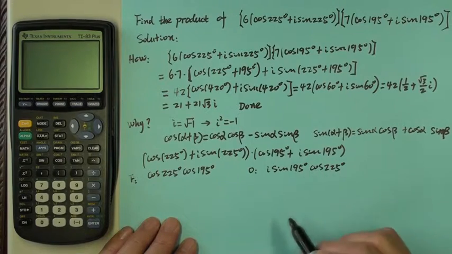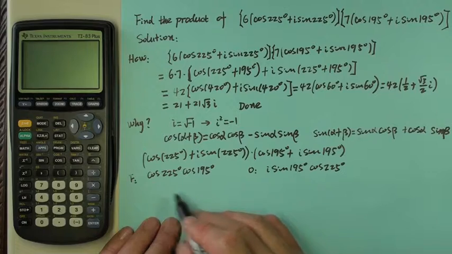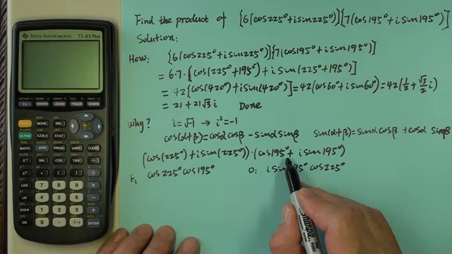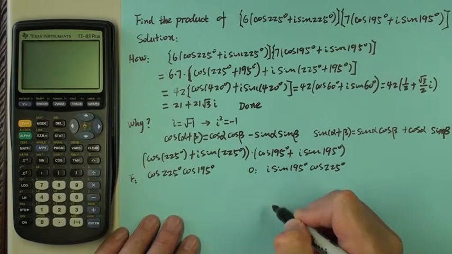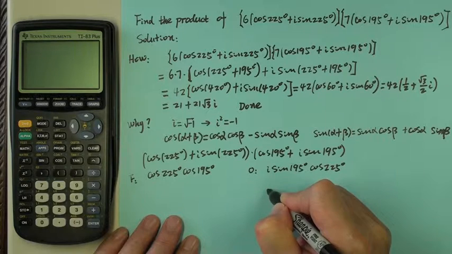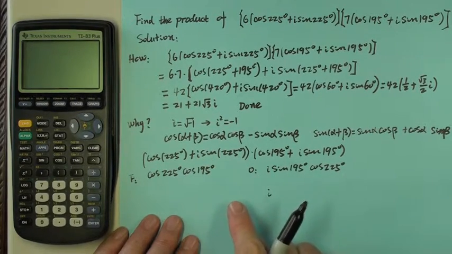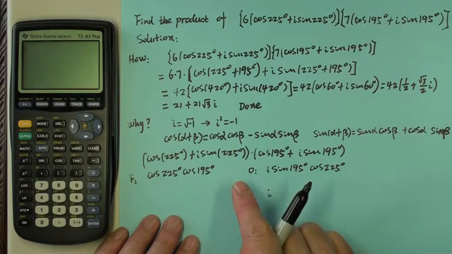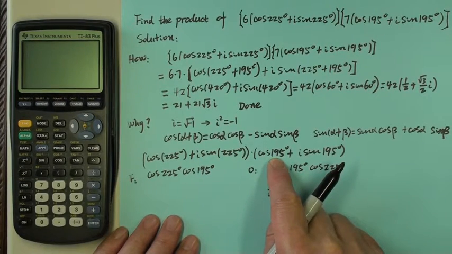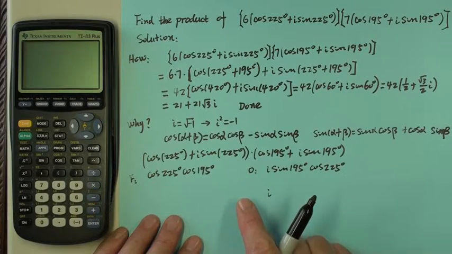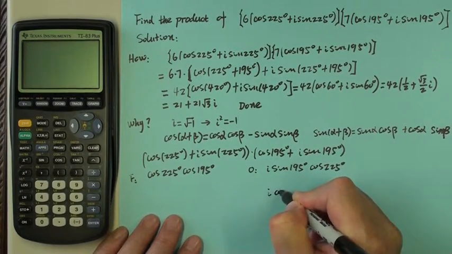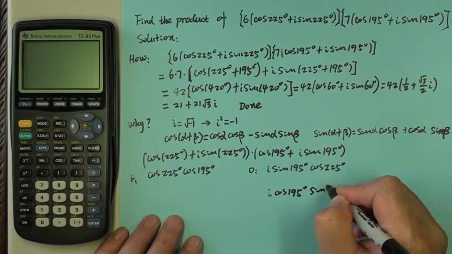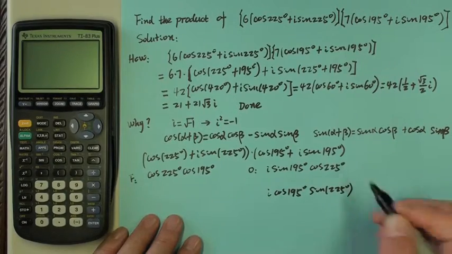Then the inner product is this one times that.